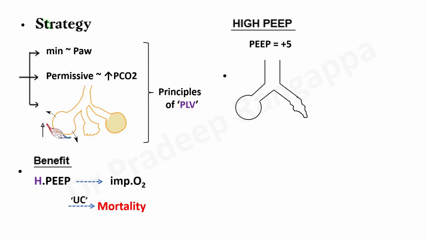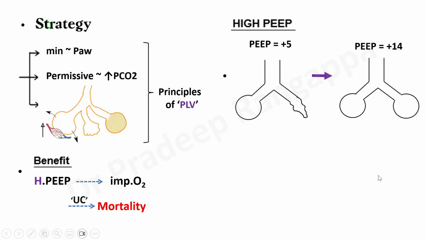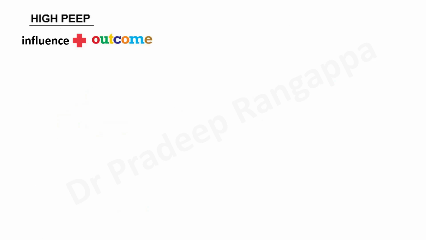There are areas of lung which are over distended, there are areas of lung which are normally distended, and there are areas which are atelectatic. So with a PEEP of 5, if alveoli look atelectatic, we give high PEEP. Our hypothesis or intent is to recruit these alveoli and improve the oxygenation. So this is our hypothetical understanding as to why we use high PEEP. And as I said, our hypothesis is that high PEEP influences clinical outcome.